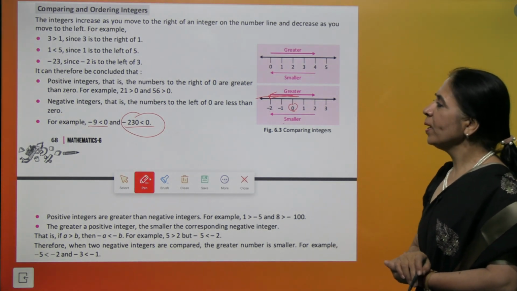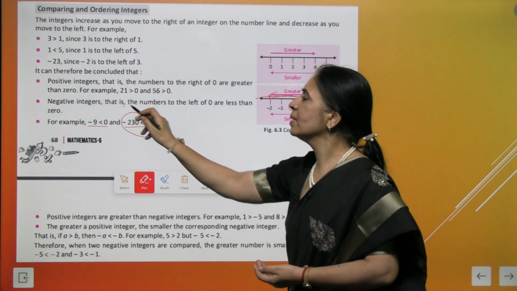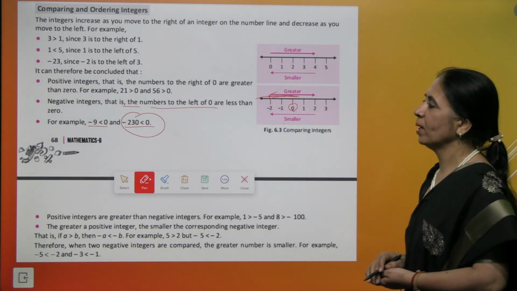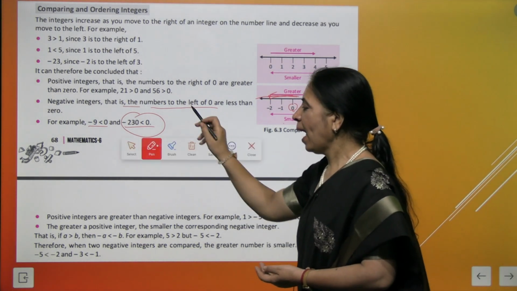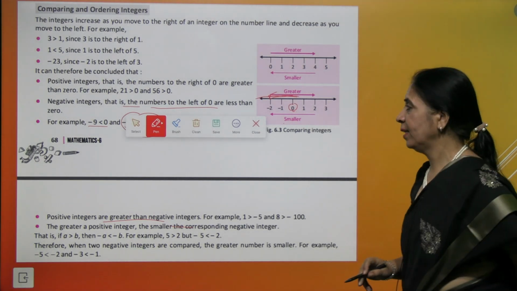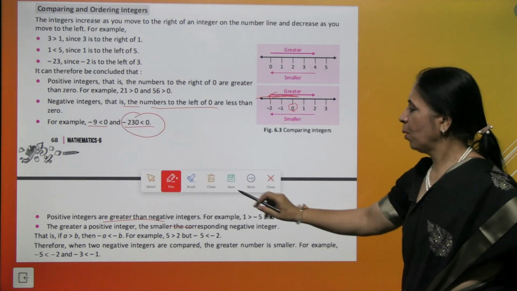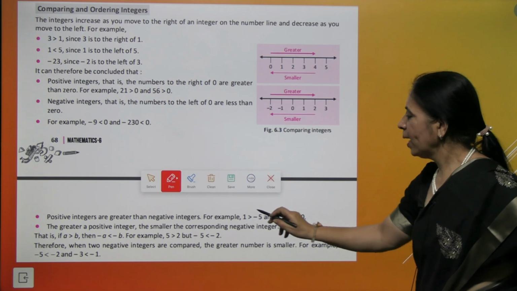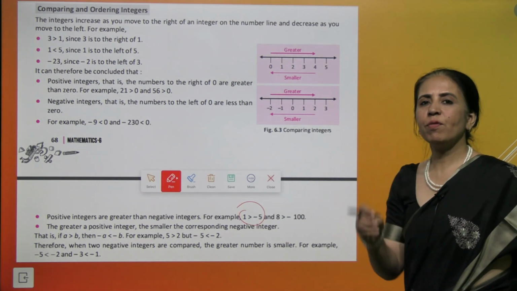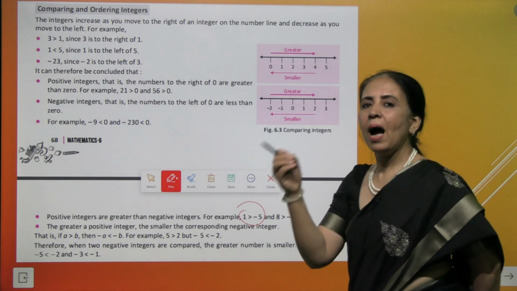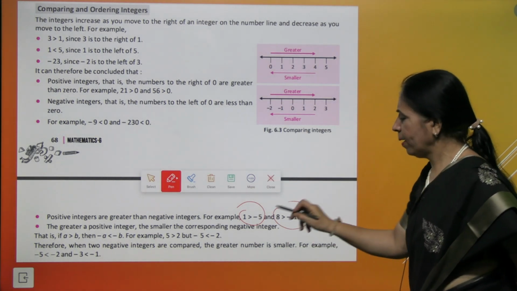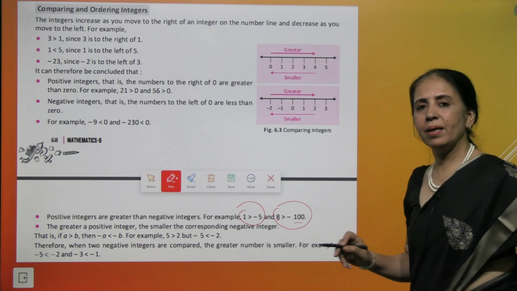Got it? So we say that negative numbers, that is the number to the left of 0, are always smaller than 0. Got it? And the positive integers are greater than negative integers. अगर आपको एक पॉजिटिव इंटीजर दिया गया और एक नेगेटिव इंटीजर दिया गया 1 and -5, so every time पॉजिटिव इंटीजर आपके नेगेटिव इंटीजर से बड़ा होगा. एंड वो कोई भी नंबर हो सकता है. देखो 8 और -100.